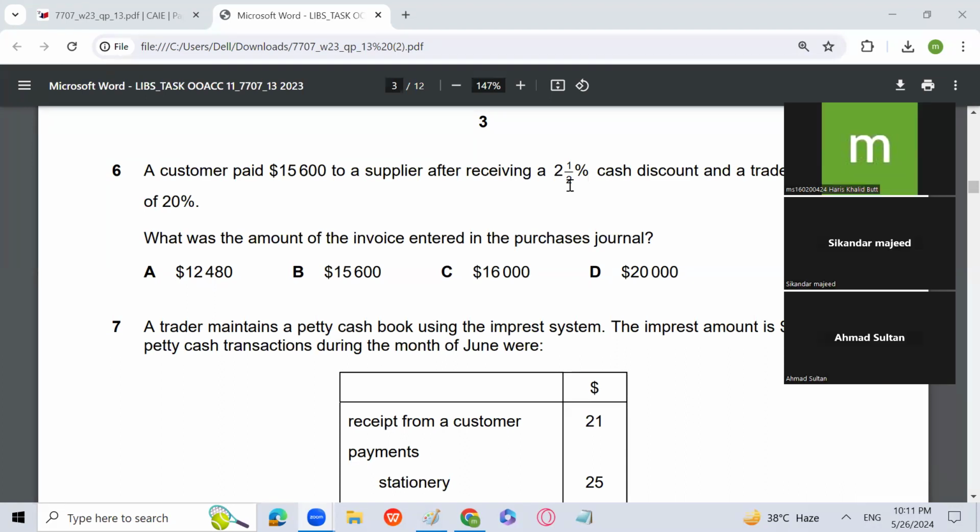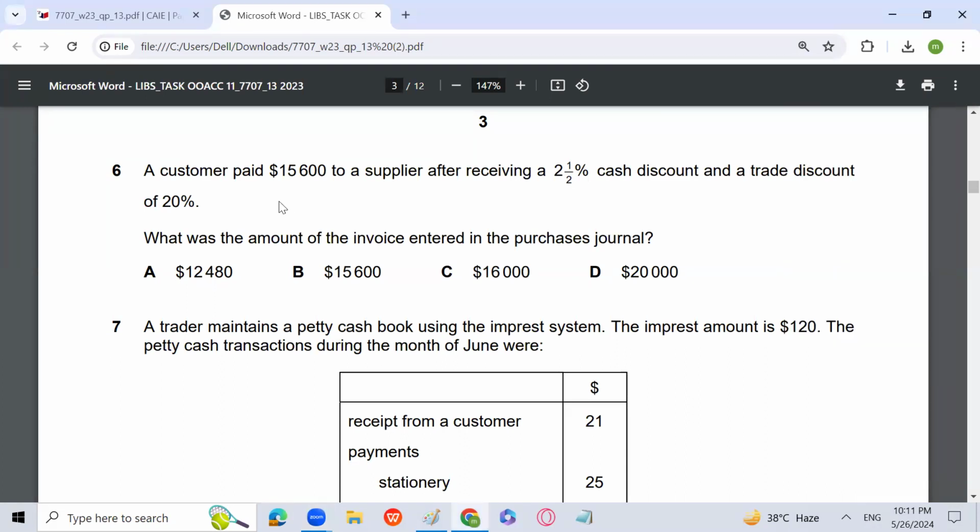So the question basically requires us to find: a customer paid 15,600 to a supplier after receiving a 2.5% cash discount and a trade discount of 20%. What was the amount of the invoice entered in the purchase journal? The amount of the invoice entered in the purchase journal will be after a trade discount of 20%, but before a cash discount of 2.5%.